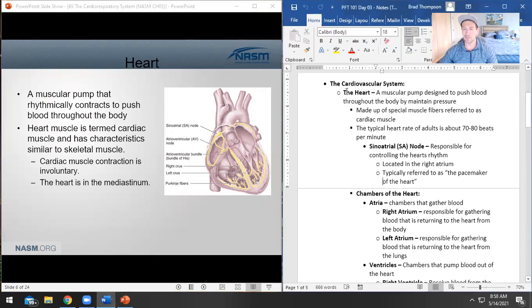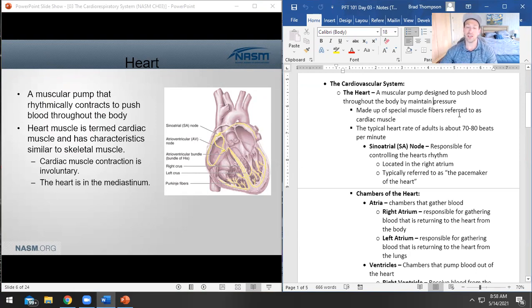So looking at the heart, like I said, it's a muscular pump. Its job is that it is designed to push blood throughout the body and maintain pressure. Maintaining pressure is really one of your heart's main jobs.